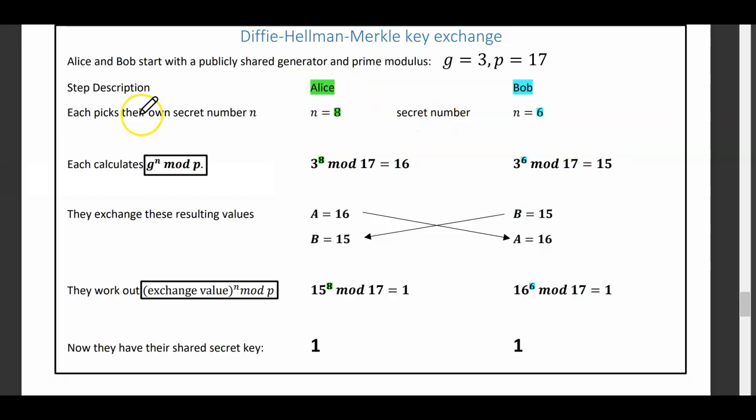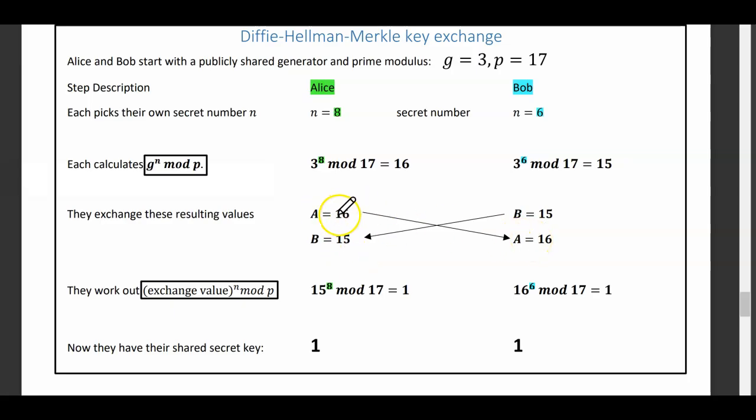And then each person picks their own secret code, their secret number. Alice picks 8, Bob picks 6. You can pick whatever you want. And then you mix your secret number with the shared numbers, and you come up with a number, 16 for Alice. And Bob uses 6, and he comes up with 15. And then you give that to the other person.